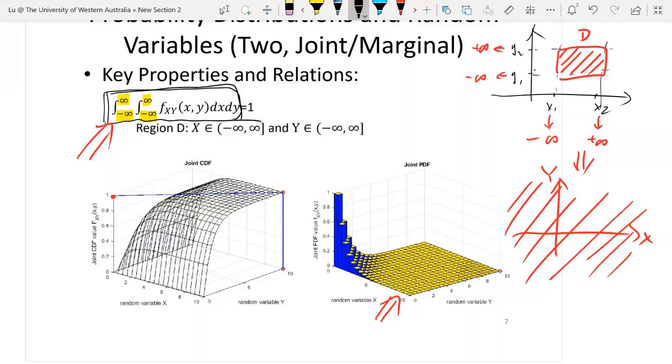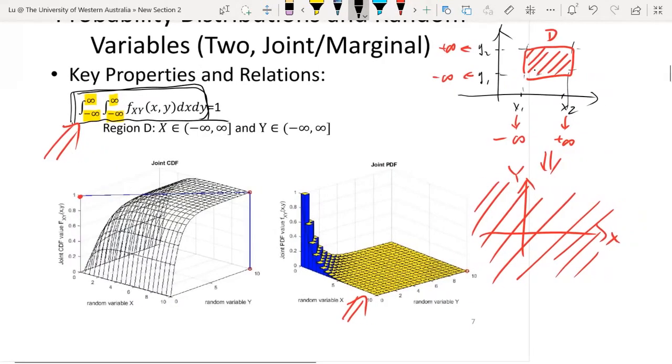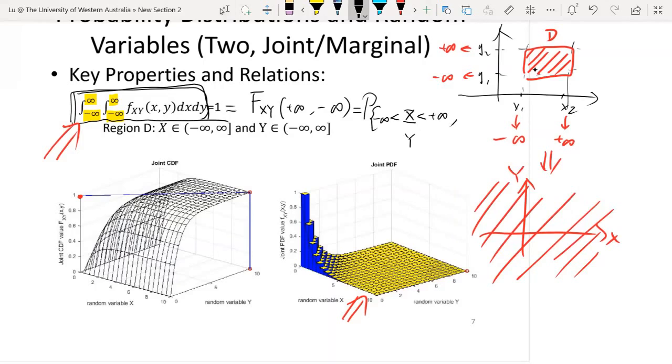So we can do one more step to make this concept clear. What is this 1? It is actually the evaluation of F_XY, the joint CDF, at positive infinity, positive infinity, which is equal to the probability that, my fault, I think I can write it more clearly: the joint probability that the x random variable value is falling between negative infinity and positive infinity, and the y random variable value is between negative infinity and positive infinity.